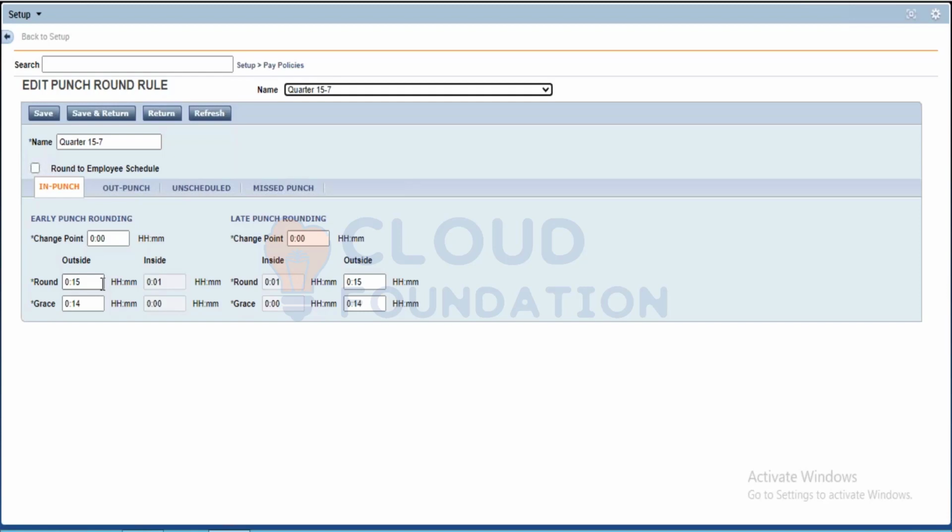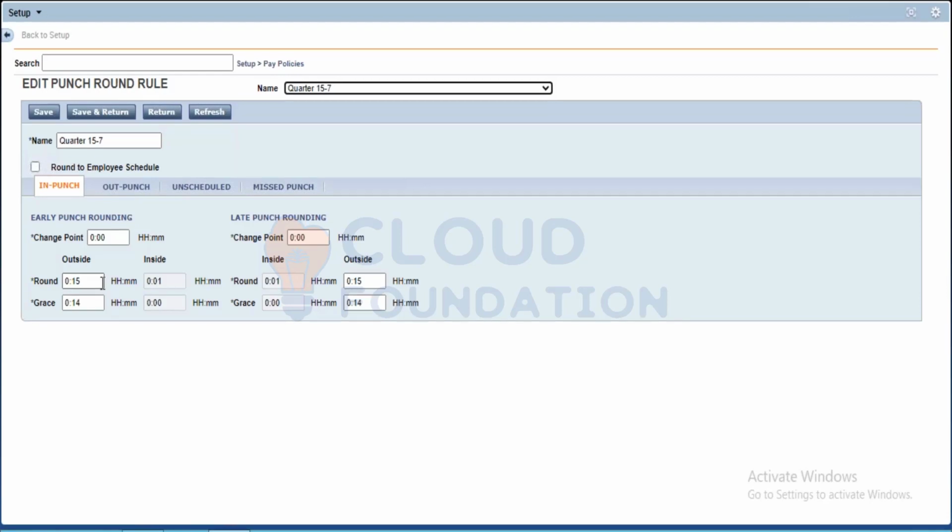You will have an in punch, right? Inside works along with change point. When you don't have a change point, this is grayed out, right? It won't open up. Once I give some change point, this opens up. Like I said, you're not going to consider the first 20 minutes, only the next 40 minutes.